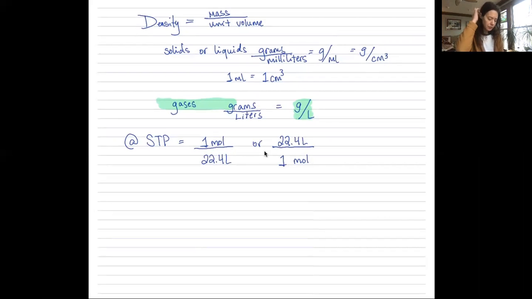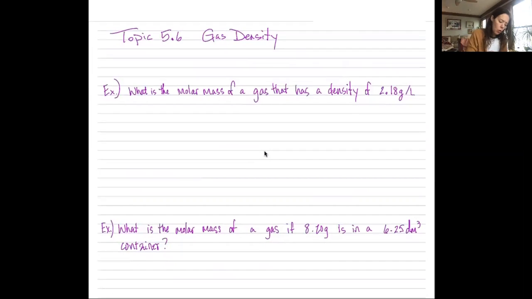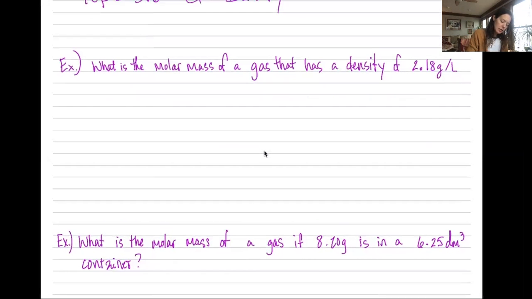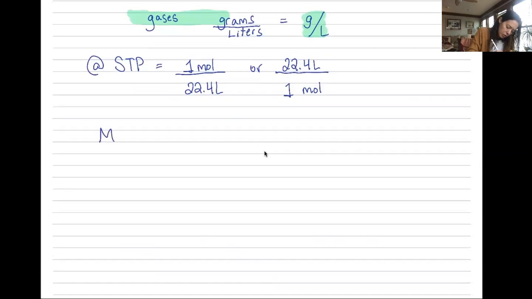First of all, let's go up here. Let's look at a problem. What is the molar mass? Okay, now that was the other thing I wanted to say. Let's go back down here. Molar mass, right? And I want you to think about it. What are the units for molar mass? They are grams per mole.